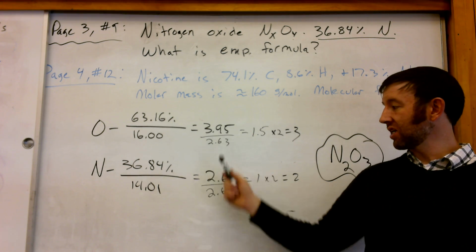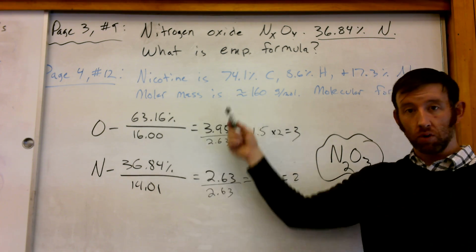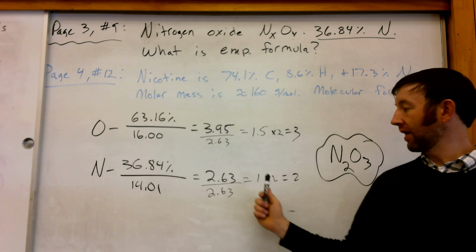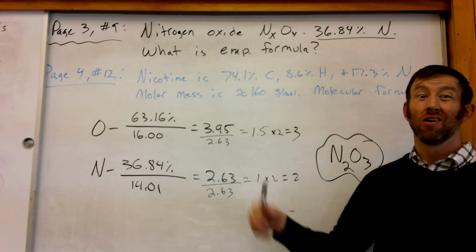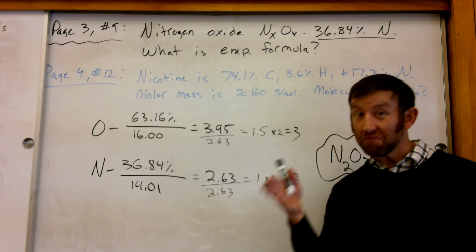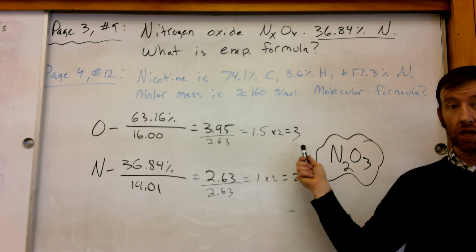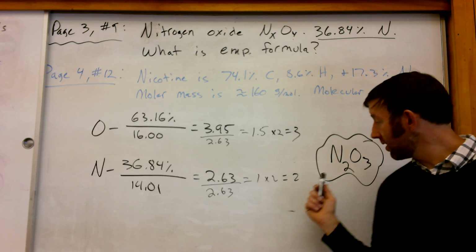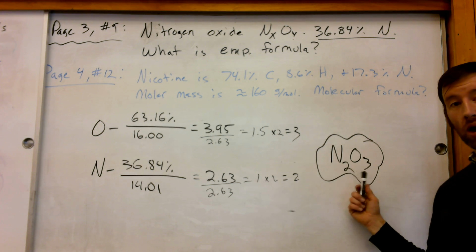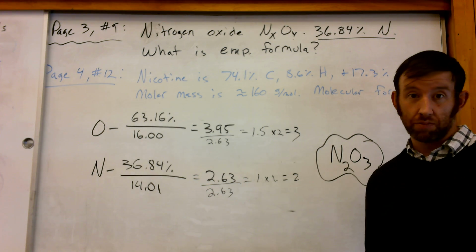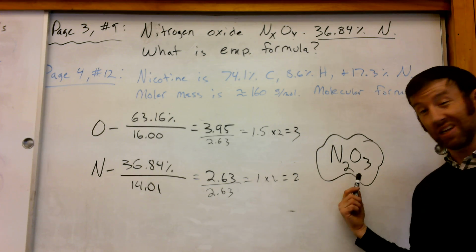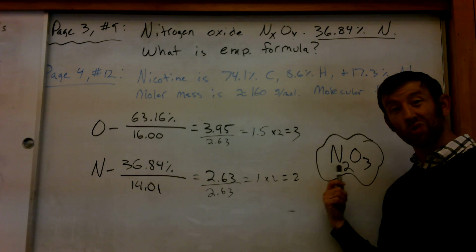So I take the smaller of the two and divide it into all of them, and I get a 1 and a 1.5. You have to remember then, if it's a 0.5, we have to double the quantities for both. So that puts this to 3 and this to 2, and there is an empirical formula. Now, 2/3 is a fraction that can't be simplified. So that's the way you can always tell whether it's an empirical formula or not: can I reduce my fraction?